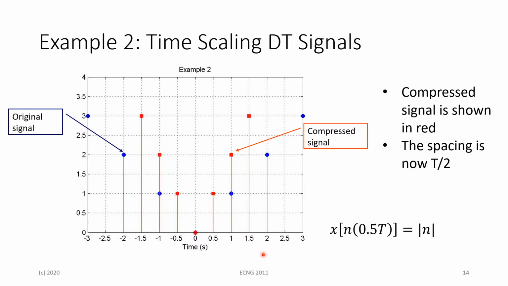So let's observe this for a particular instance here. We now know that our time spacing here on compressing the signal is going to be t on 2. We knew that our original time for our signal here was 1. But because it's t on 2 now, that's 0.5. N still goes from -3 to +3.